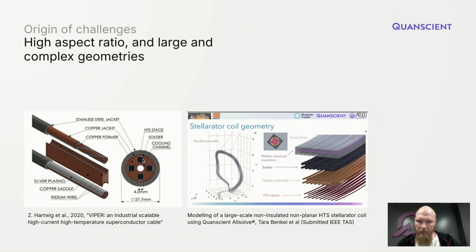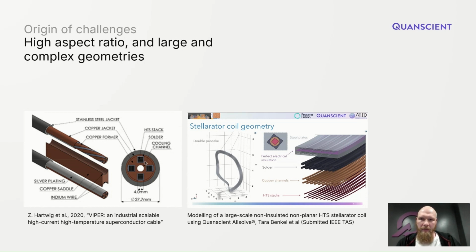You can see that there are HTS stacks embedded in conducting materials, and the cable is twisted itself. Typically the superconducting tapes have dimensions of less than 1 millimeter, and the aspect ratio, if we would take the individual tapes into account, is huge compared to the cable itself.